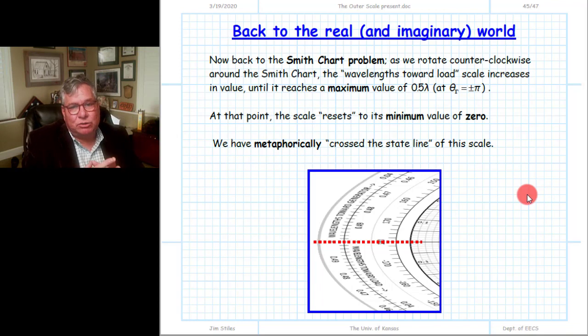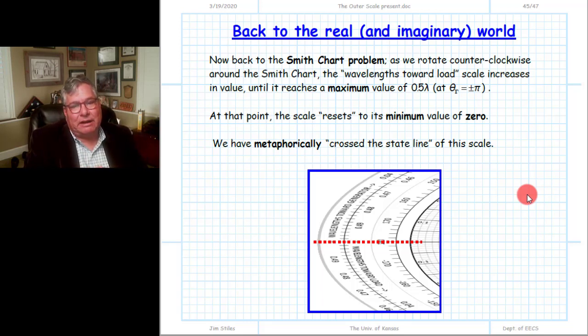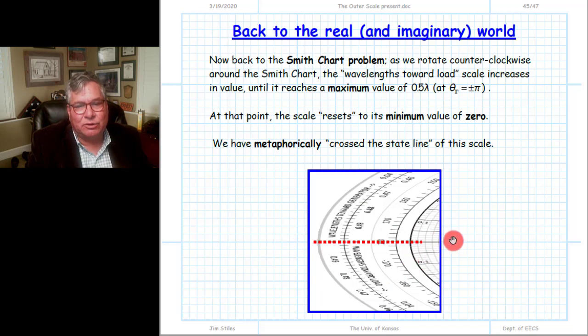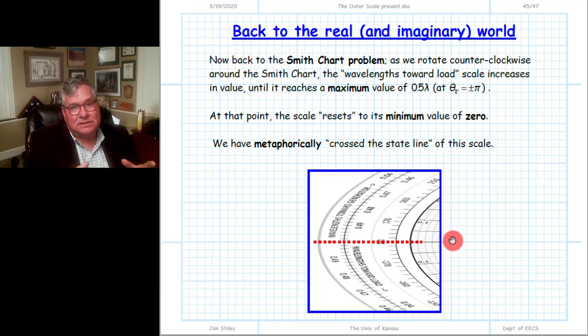So as simple as that solution was, we have an equally simple solution when it comes to dealing with this boundary problem, this state line problem in the outer scale of our Smith chart. We have a location, once again, where the electrical length has a transition. It starts at 0, rotates all the way around, gets back to 0.5, and then transitions again, resets to 0.